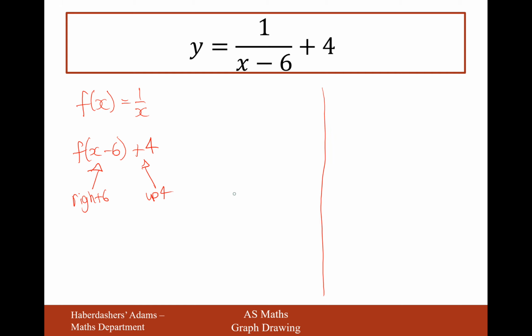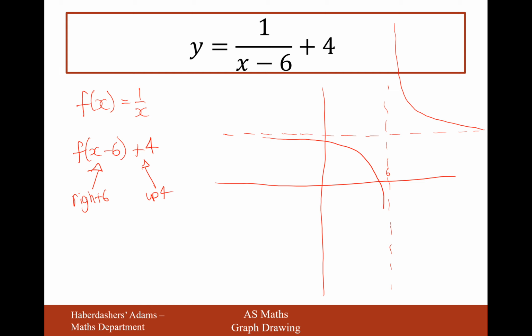So grab your axes, and we'll move the asymptotes first. So it was 1 on the y-axis, now there's going to be 1 at 6, moving it right by 6, and there was 1 on the x-axis, that will move up by 4. So the graph is now going to be in this quadrant and this quadrant. And there we are, that's the answer to this question.